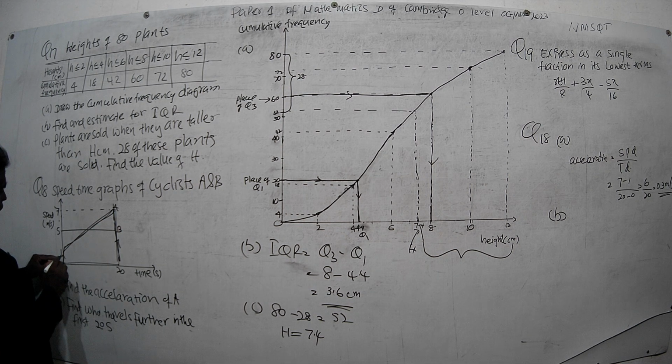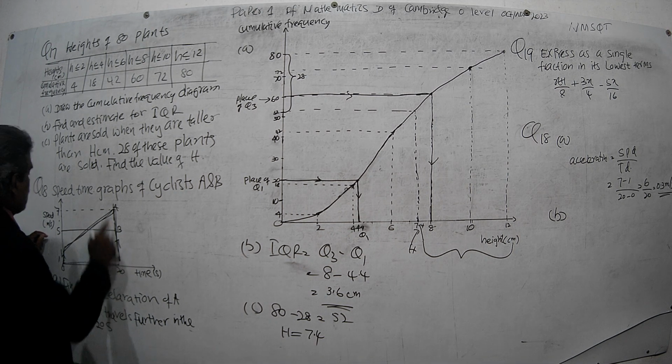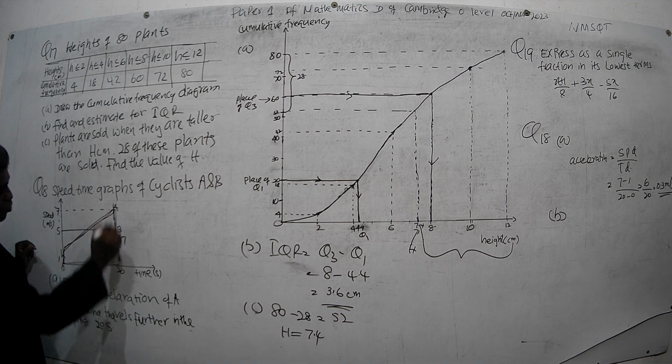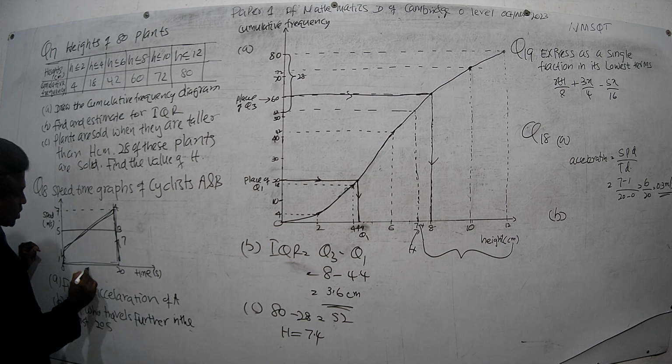Then what is the length of this side? Here 0 to 1, this is 1. The length of this side is 7. Then this is the height, and these are the two parallel sides. The height is 20.